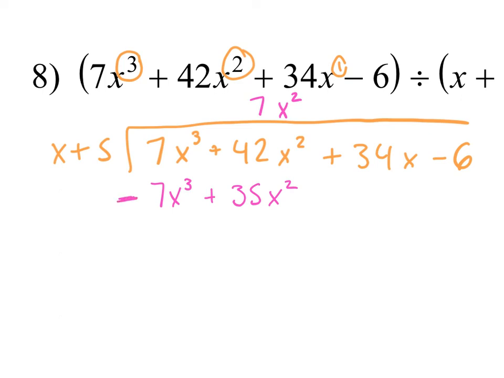What do we do next? Change the sign. What happens to our 7x cubes? They cancel. What's 42x squared minus 35x squared? 7x squared. What do we do next?